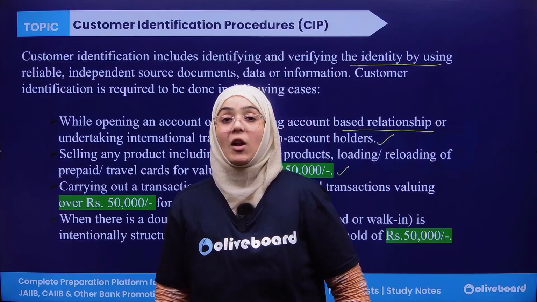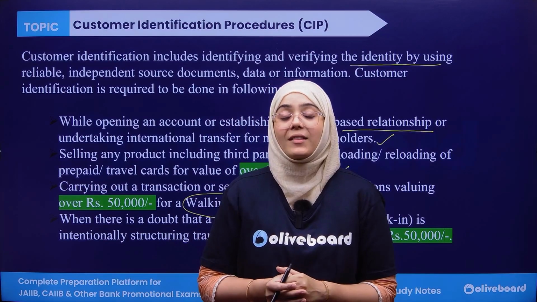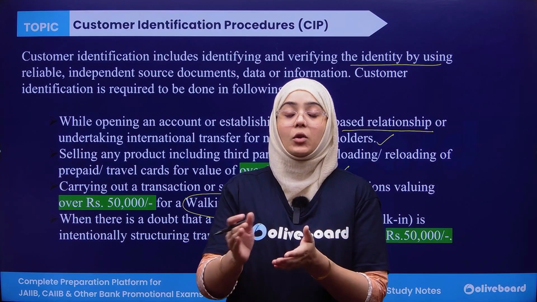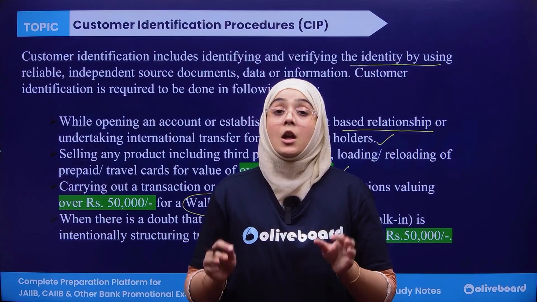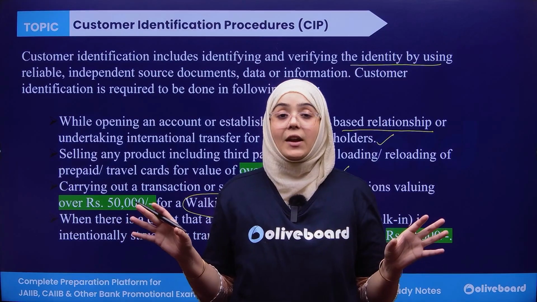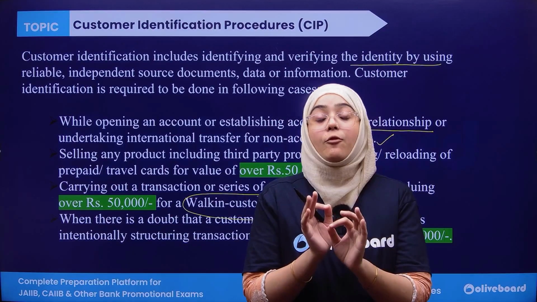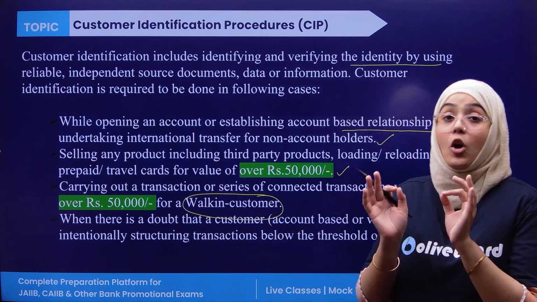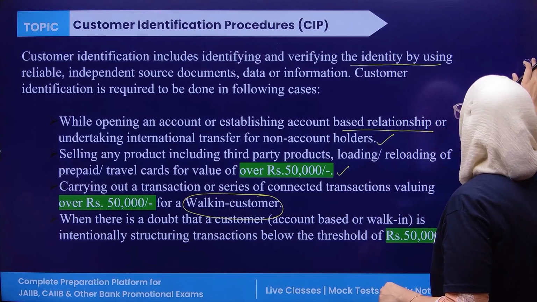It means if you are a customer and you are doing something clever, like depositing money in one or two or three batches so that the amount doesn't exceed 50,000, so as to avoid this identification procedure, if the bank suspects it, then it is compulsory from the bank side to take you through the identification procedure.